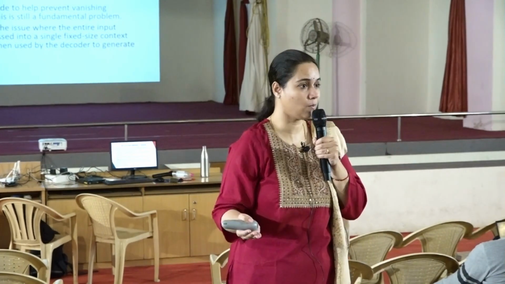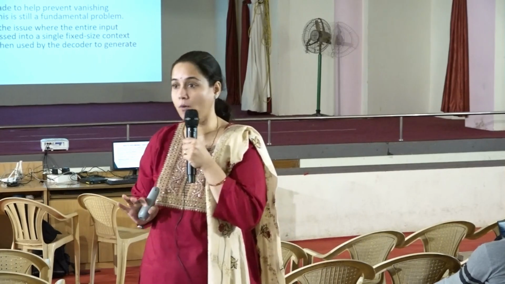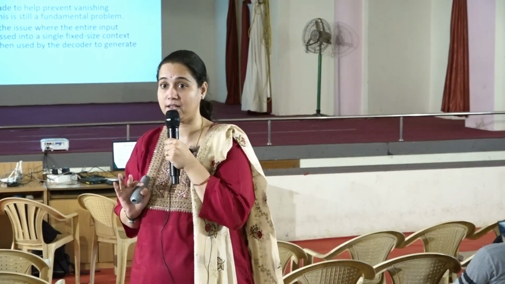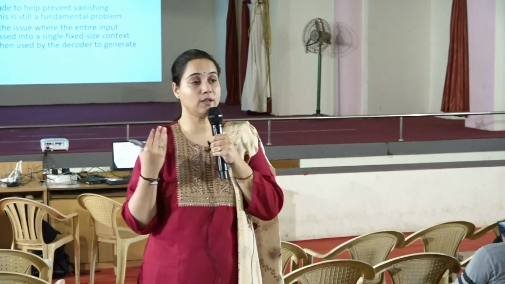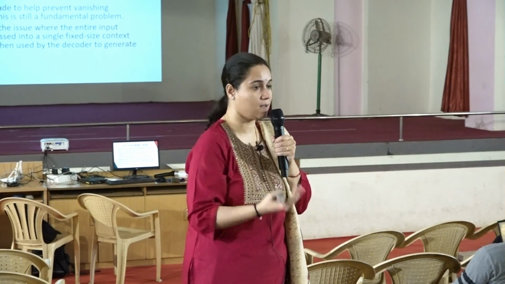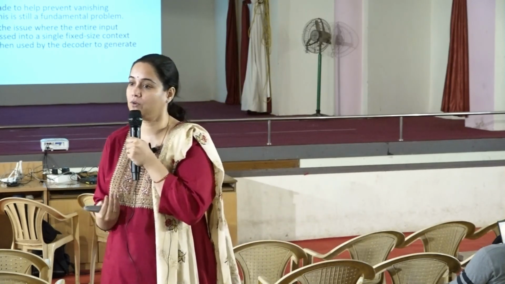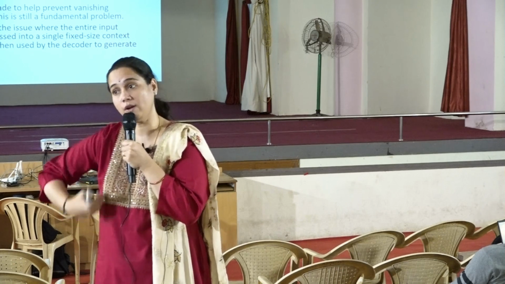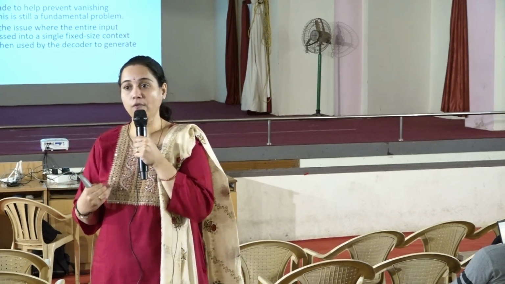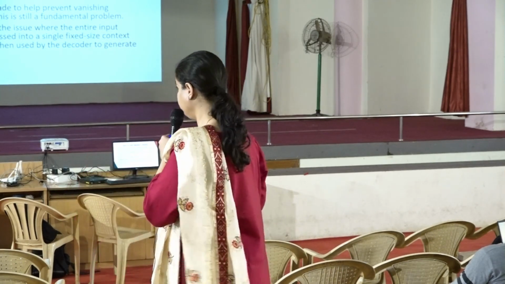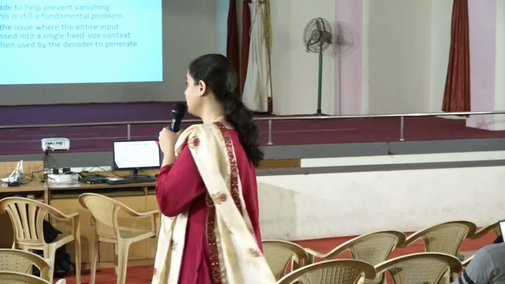You are going to process one after another in sequence. There is no parallel computation that is happening inside LSTM. So of course, it is going to take a lot of time and effort to reach your output. So that is also one of the drawbacks of the plain sequence to sequence model.